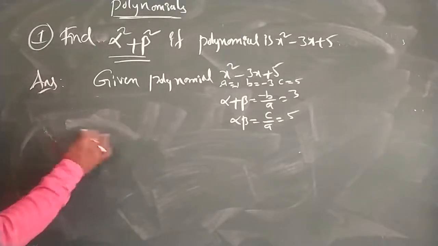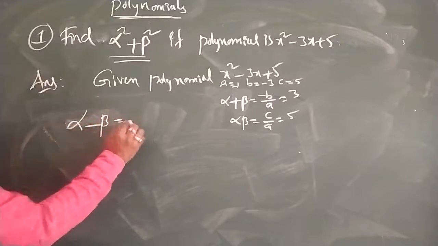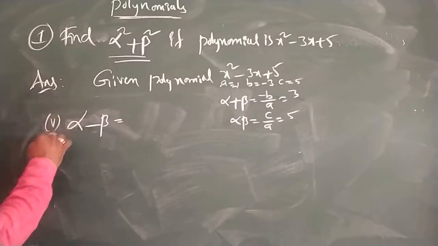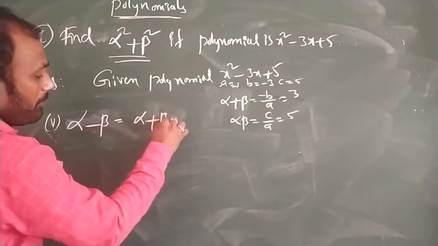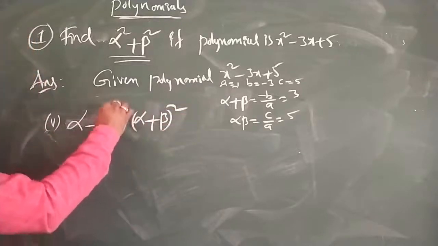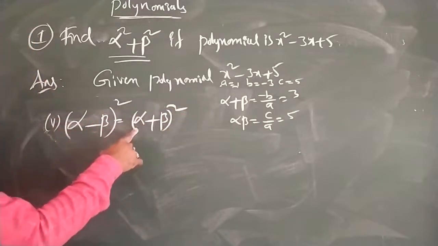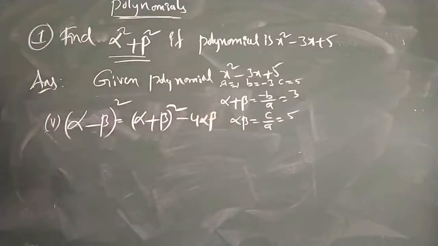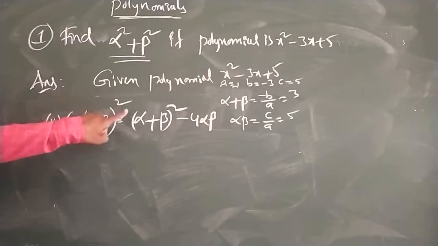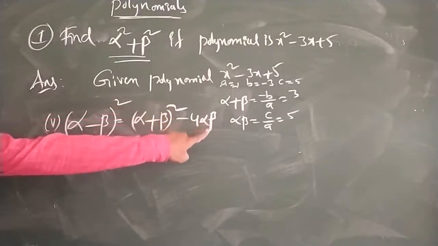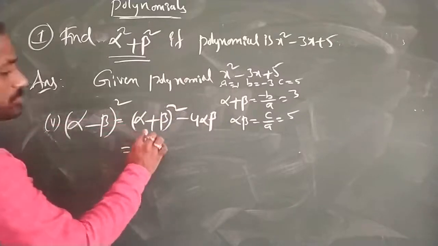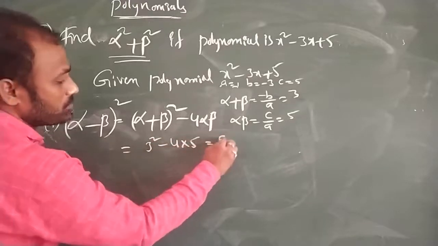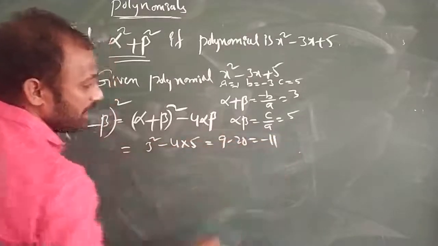So fifth type: if he is asking alpha minus beta whole square, it can be written as (alpha plus beta) whole square minus 4 alpha beta. So (a minus b) whole square is equal to (a plus b) whole square minus 4ab. So alpha plus beta, which is 3 square, minus 4 into 5. So 9 minus 20, which is minus 11.